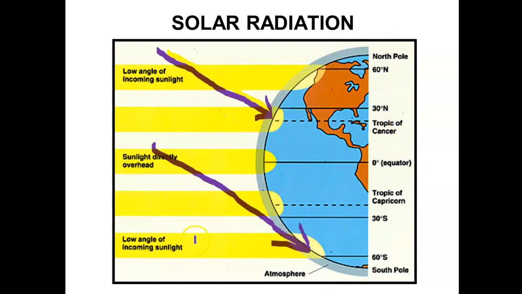The Tropic of Capricorn illustrates the same phenomenon when we are looking at the winter solstice in the northern hemisphere. The northern hemisphere people get to name all of these things, but it would be the summer solstice for the southern hemisphere. And there's the angle of light striking the surface from the sun.